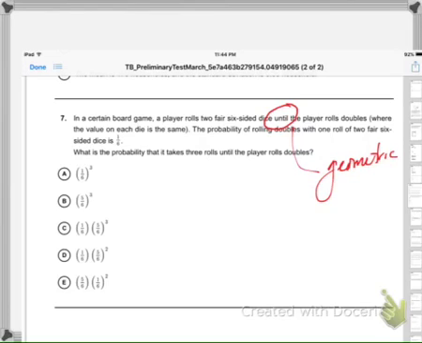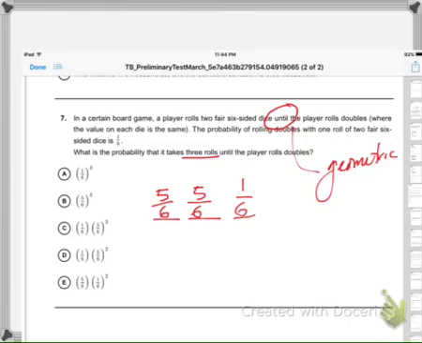Now the probability of getting doubles is out of 36, but there's 6 different types of doubles, so 6 out of 36 is 1/6. And we're talking about what? 3 rolls. What is the probability that it takes 3 rolls? Well, that means the first two would be not doubles, and then finally doubles.